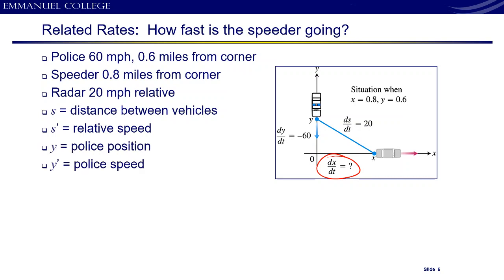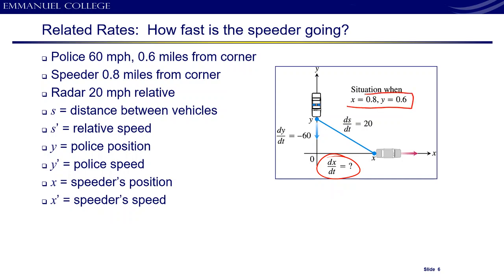So we have the police's position and their speed. Again, their speed is 60 miles per hour, but in the context of this graph that we've created, they're decreasing in Y units. And then we have the speeder's position and their speed. Notice here, I'm going to redirect your attention.